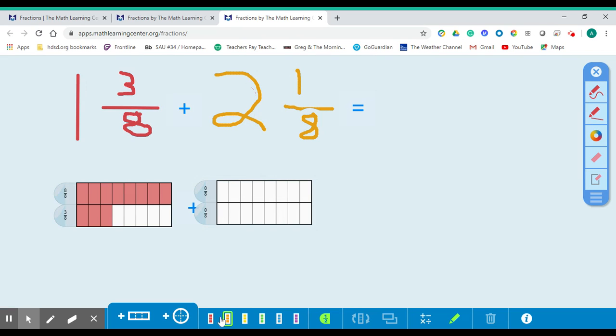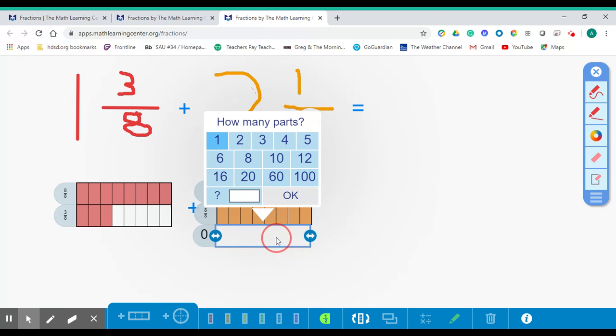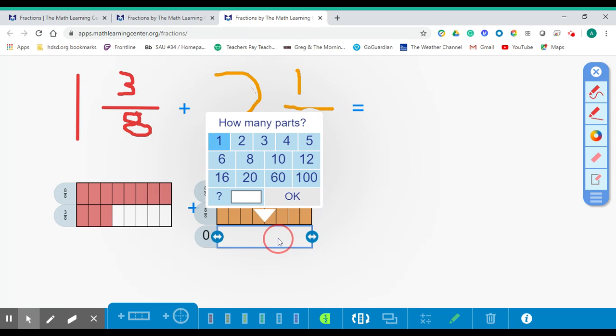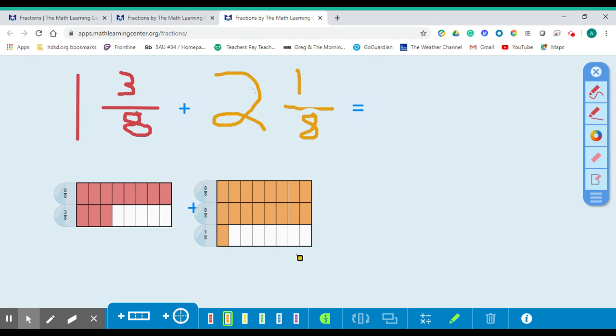And we're actually going to fill in each one, and that's going to represent 2. But remember, we have 1/8 left over, so we need to add one more, and that's going to be this one. We still have our denominator of 8, but we only have 1 that is left over.